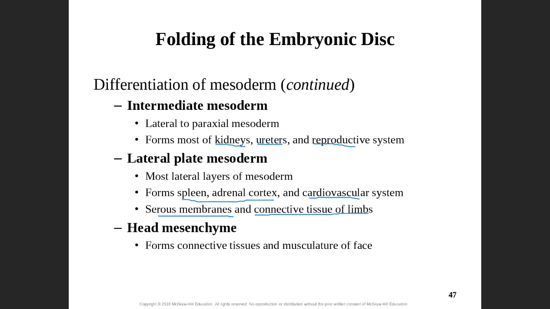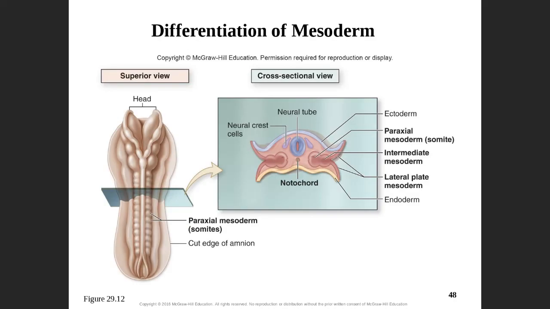And then finally, when we get to the head mesenchyme, we are going to get the connective tissue and the muscles of our face. So if we look here at our mesoderm, a nice cross-sectional view, you can see centrally is the neural tube. Just below it is the notochord.